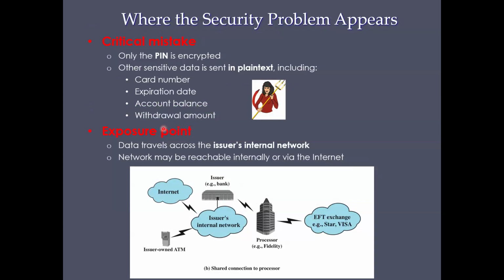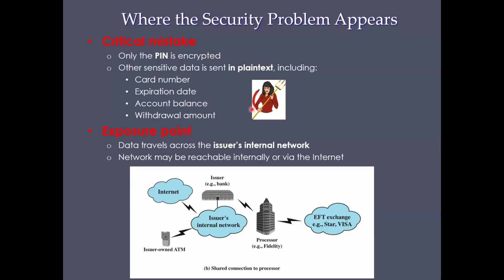So where the security vulnerabilities or problems could appear is that only the PIN is encrypted with DES or triple DES. Other information being sent over the channel, which you might think is not necessary, is there, and a malicious actor like Trudy can intercept anything that is sent: card number, expiration date, account balance, withdrawal amount.